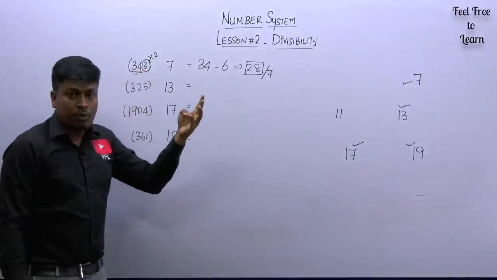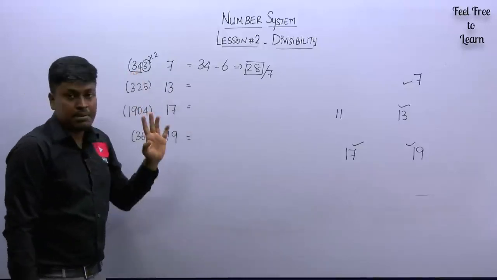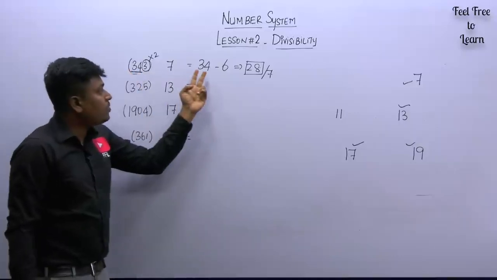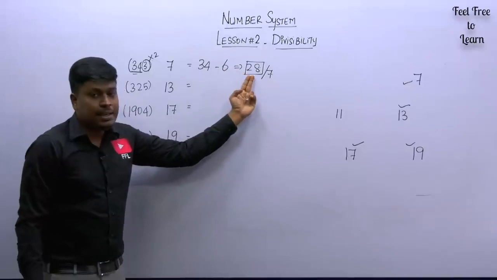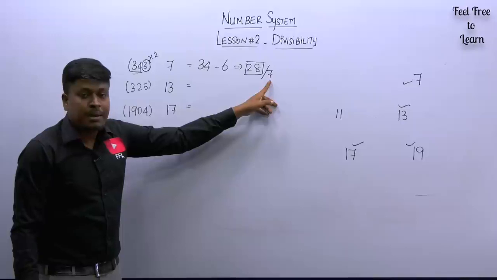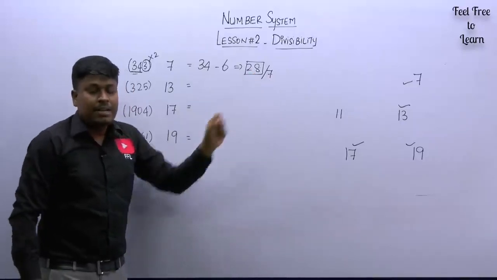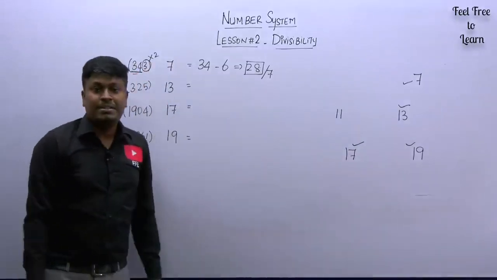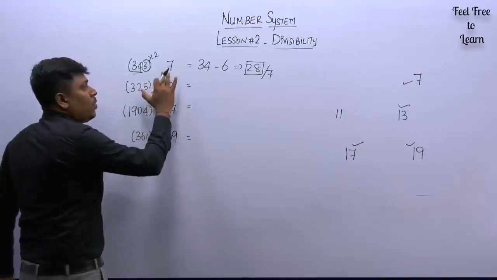In case it is a 4 digit number, the remaining number will be 3 digits; you have to take all of them. You have to subtract 6 from 34. The result will be 28. Now check whether 28 is divisible by 7. Yes, 28 is divisible by 7, then we can say that the complete 343 will be divisible by 7. Friends, got it? How easy it is, right? So that is the divisibility rule of 7.